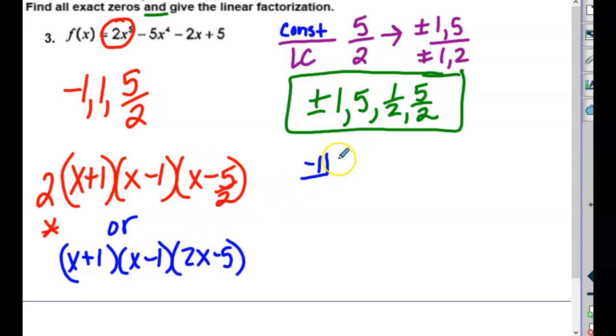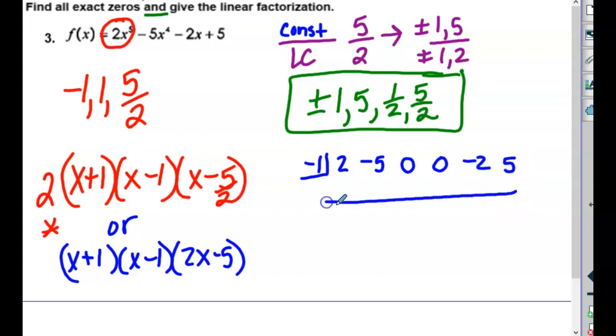All right, we had a 2x to the 5th, a negative 5x to the 4th, 0x to the 3rd, 0x squared, a negative 2x, and a 5. Ooh, 2, negative 2, negative 7, 7, negative 7.